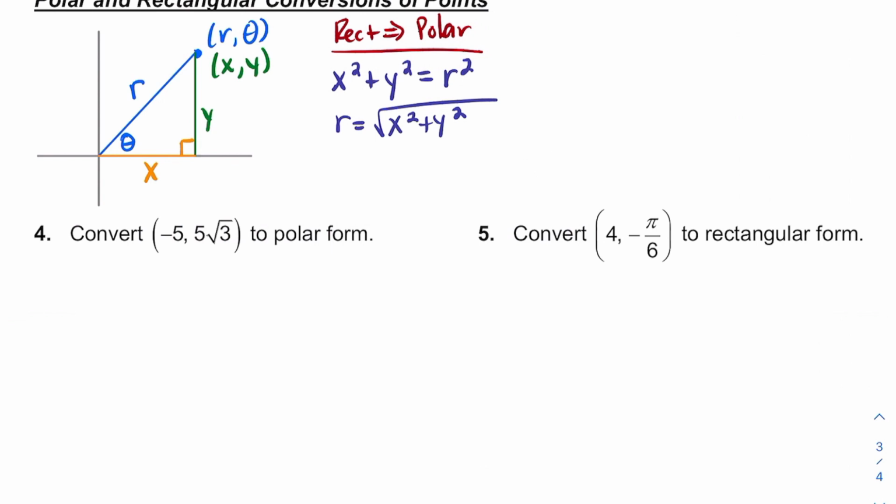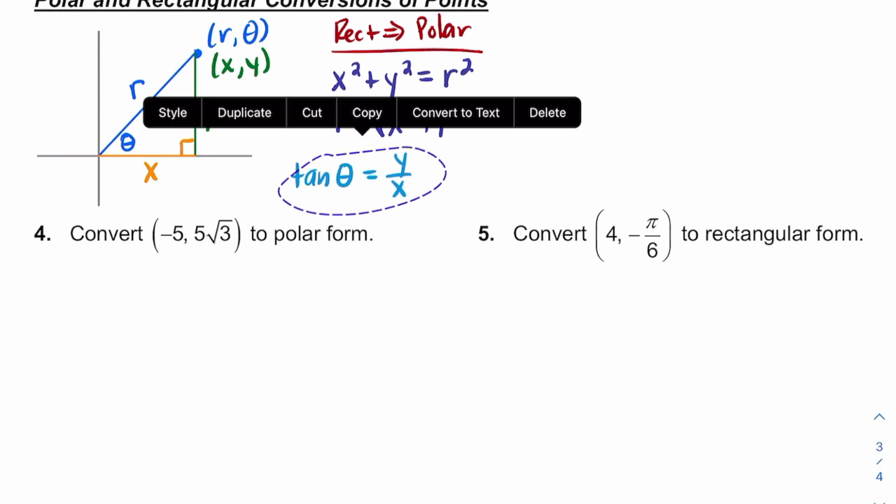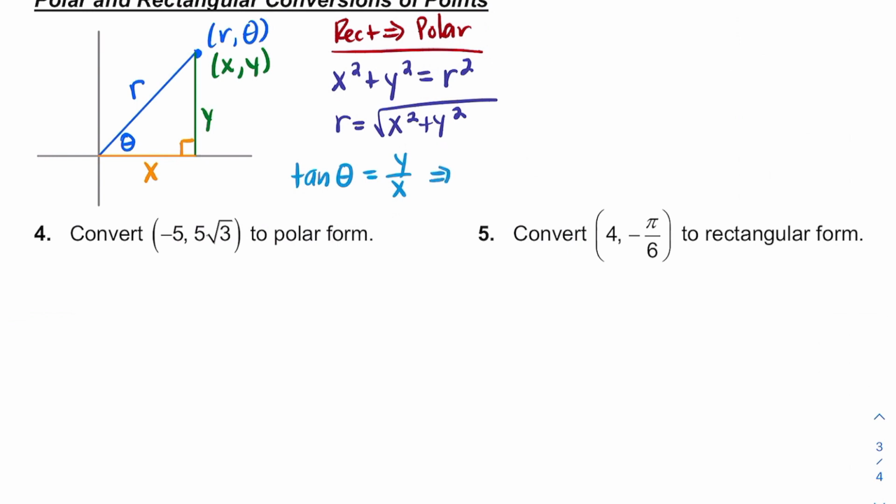Based on those sides here, x and y are opposite and adjacent. So that means that the tangent of this angle theta is equal to y over x, or if we want an alternative version, we could use the inverse to get that theta is equal to the tangent inverse of y over x. So this is one of our formulas here.